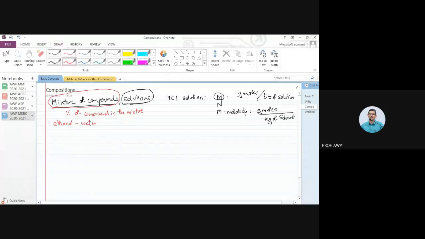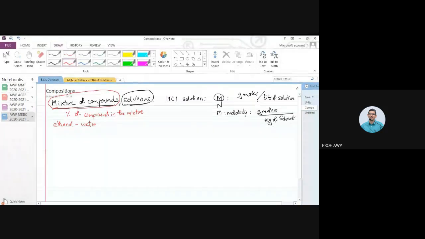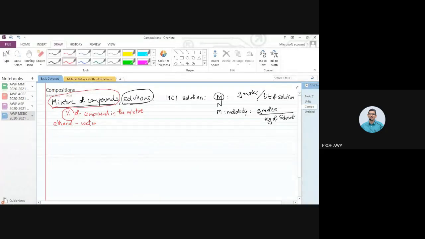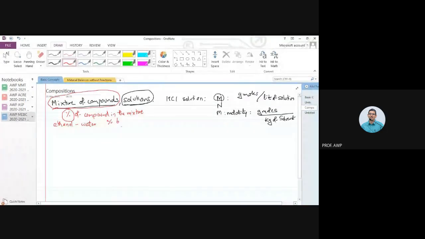So we will talk about how much percentage of ethanol is there in the mixture, and then that percentage we can define in terms of different quantities. For example, we can talk about percentage by weight.